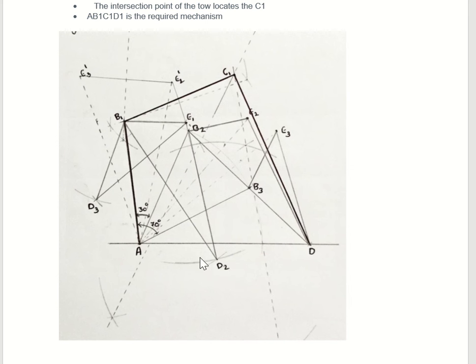Now we'll be selecting a suitable link for the pivot and we will be getting a fixed link AD. Now we'll be drawing two congruent triangles, first for the triangle B2 E2 D, which will be on the base B1 E1.